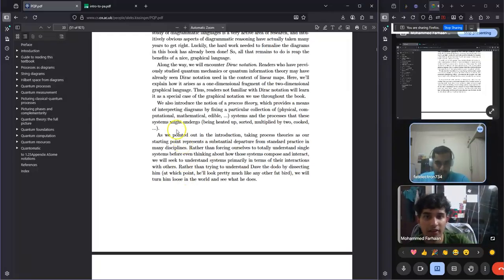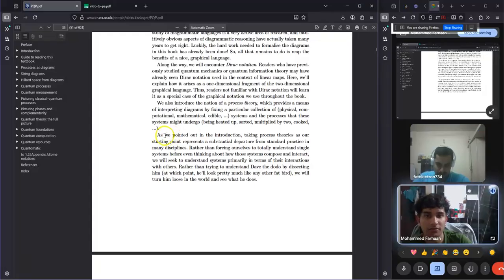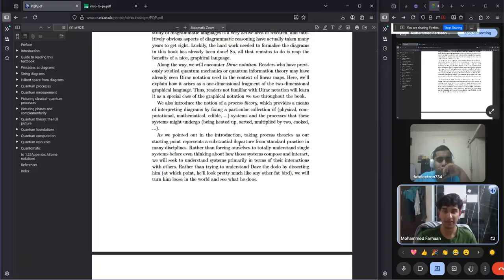Cool. So, as we pointed out in the introduction, taking process theories as our starting point represents a substantial departure from standard practice in many disciplines. Rather than forcing ourselves to totally understand single systems before even thinking about how those systems compose and interact, we will seek to understand systems primarily in terms of their interactions with each other. This is a very category theory point of view.